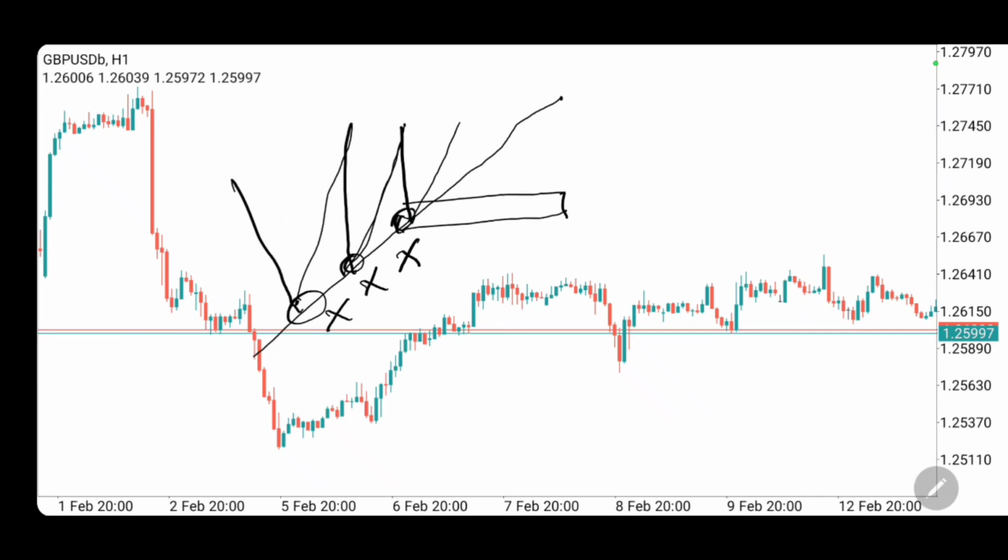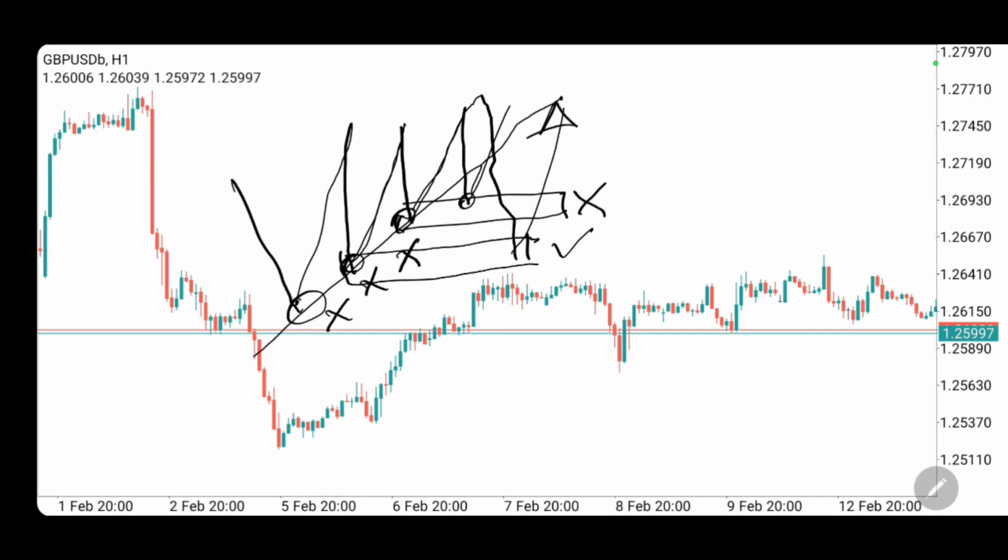So you want to trade this mitigation, but most times this will not work. Why it will not work is because that trend line becomes a liquidity pool. So what happens is that the market would rather come take out all the stop losses and mitigate another zone. So you have a buy like that.